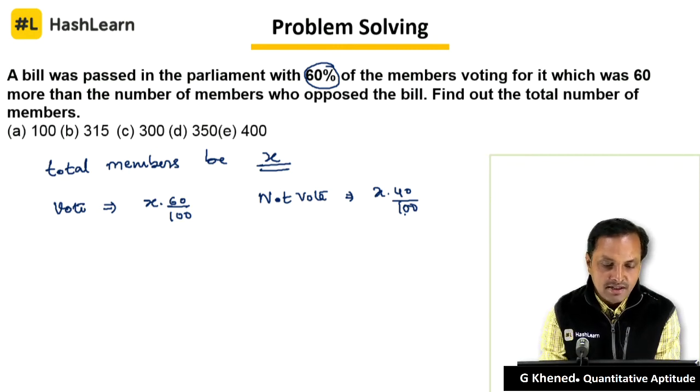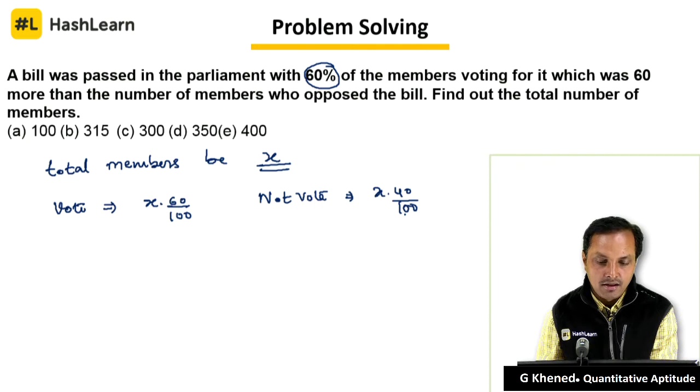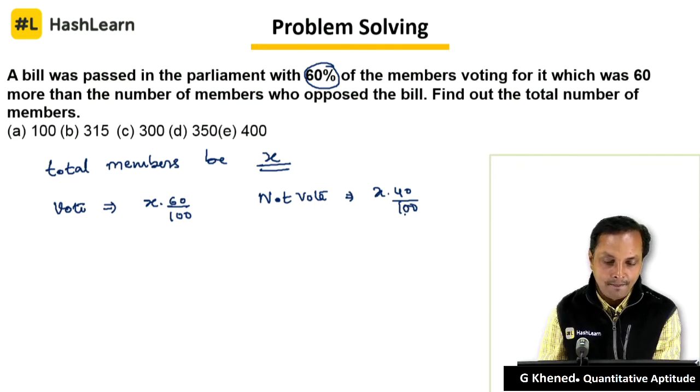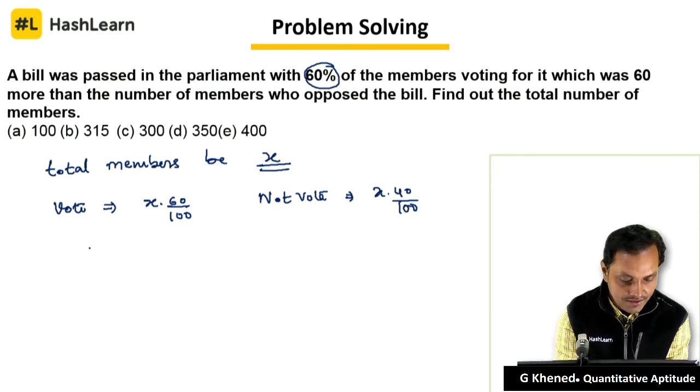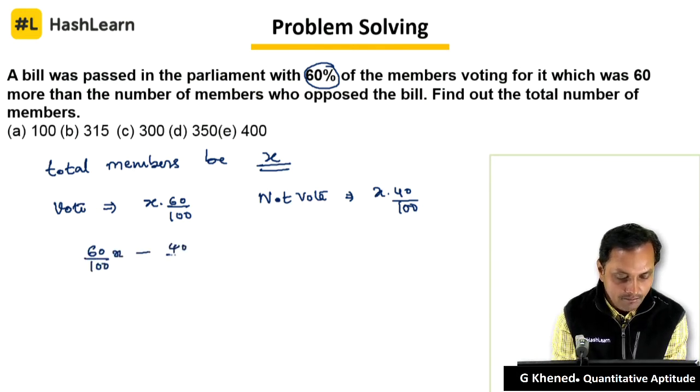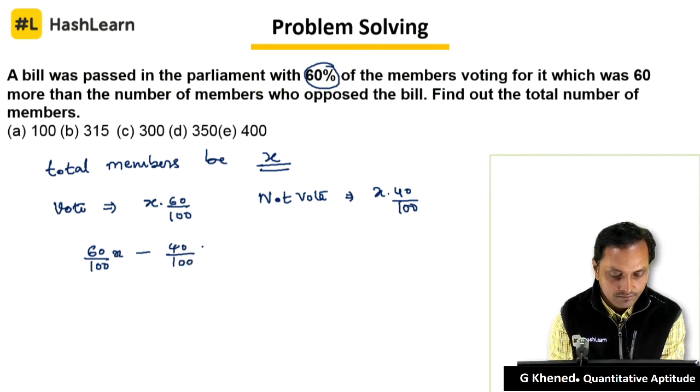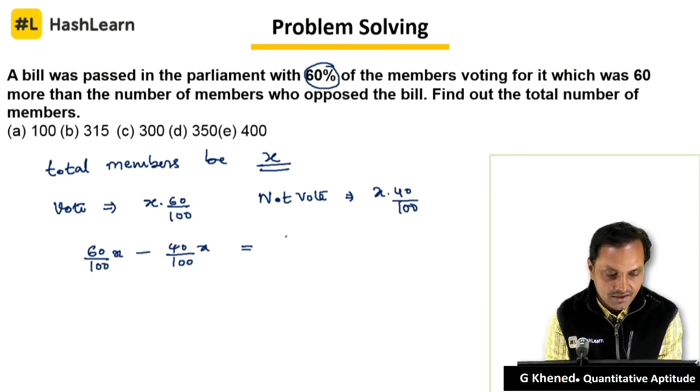A bill was passed in a parliament with 60% of the members voting for it, which was 60 more than the number who opposed the bill. So the difference is 60 by 100 x minus 40 by 100 into x, the difference was 60.